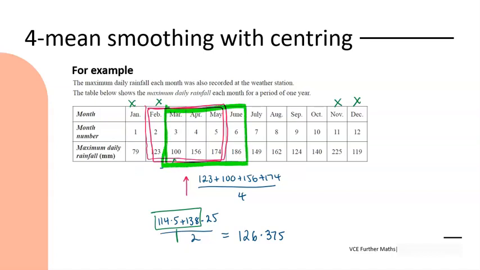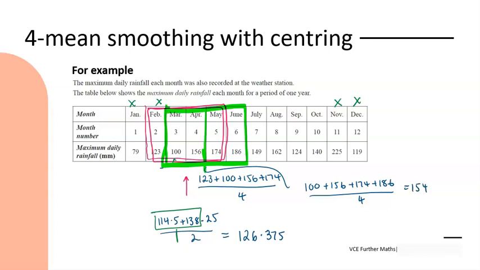So I'm now working March through to June, and I want to make a calculation so that I can get the value that will sit in that border between April and May. So doing one more here, I would be doing 100 plus 156 plus 174 plus 186 divided by 4, and that would give me a value of 154.